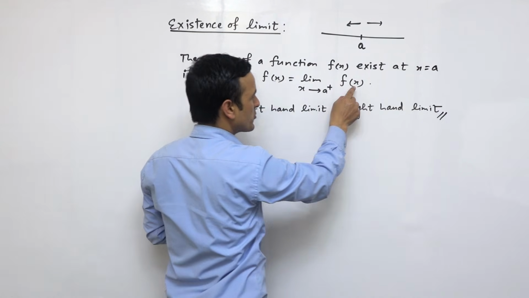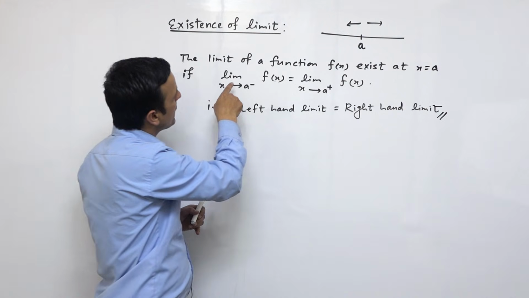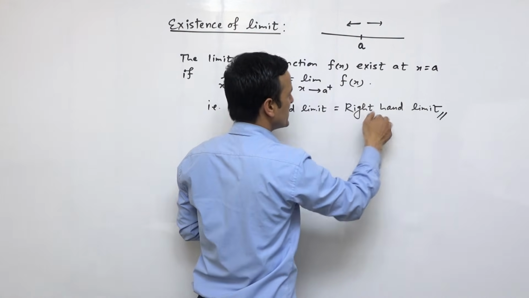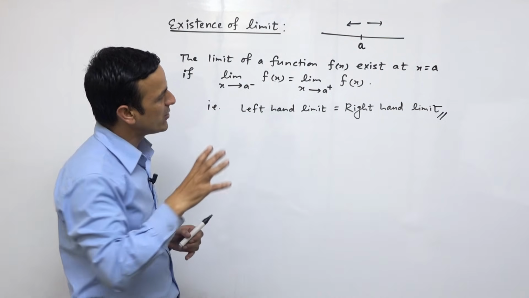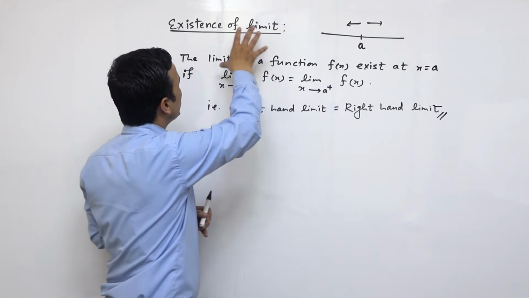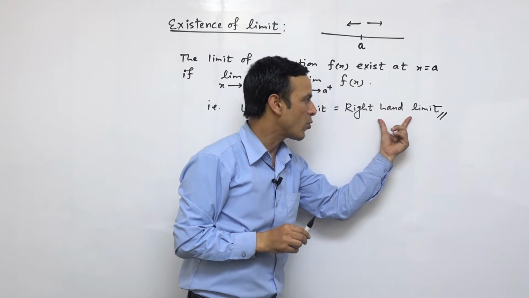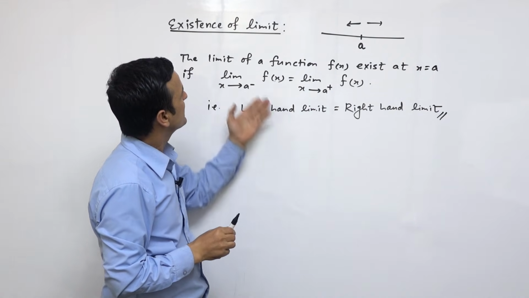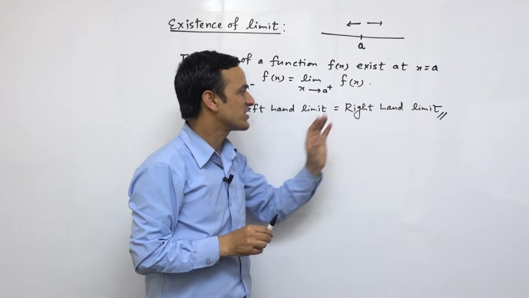So for this we have to check by inspecting left hand limit and right hand limit turn by turn. Then after we compare the answer. So if the values of both limits are equal, then we can say there is an existence of limit. If their value is not equal, then we can't say the existence of the limit. It does not exist in this case.